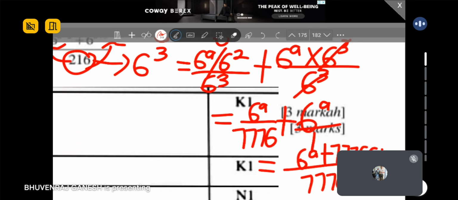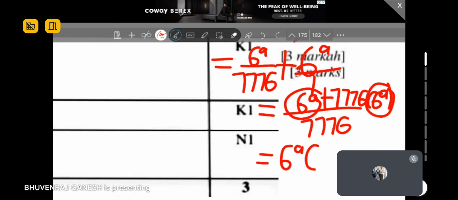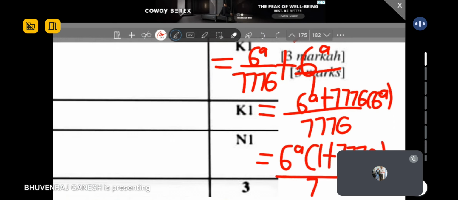So my answer will look something like this. Can you all see, guys? Can, right? Then you notice something. The top part is similar. Kamu ada faktor sepunya. You have a common factor, 6 power a. So I take it out. Then you have 1 plus 7776 inside over 7776.